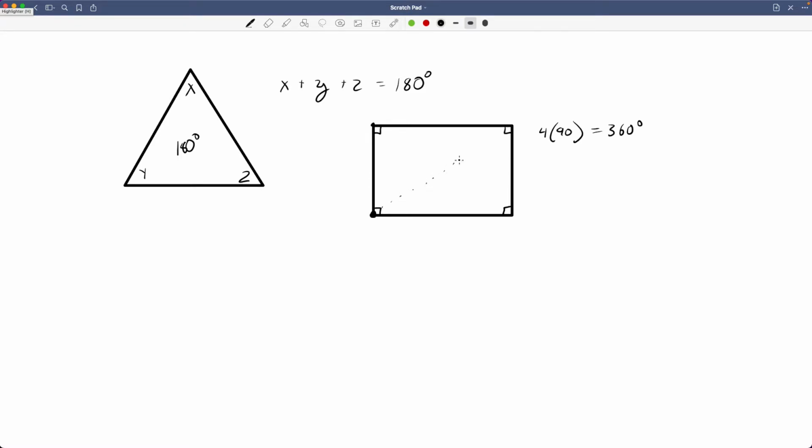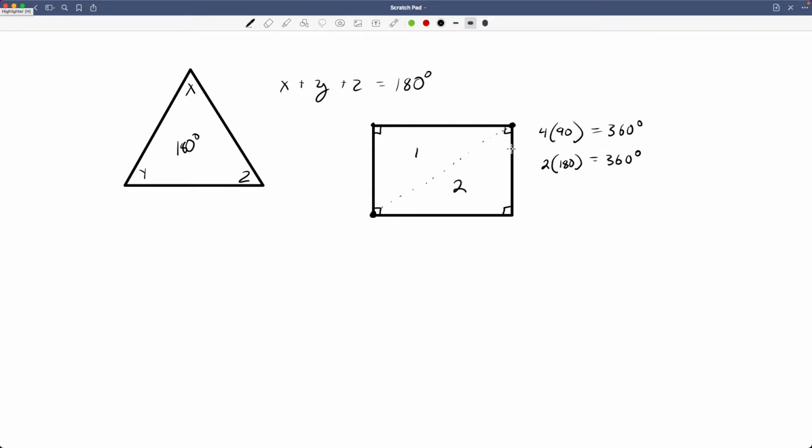We don't have one to this vertex. We're going to draw it here. And then we already have one to this vertex. So how many triangles does that make? That makes 2 triangles. And we know the interior measure of every triangle is 180. So we can say 2 times 180 is also equal to 360.